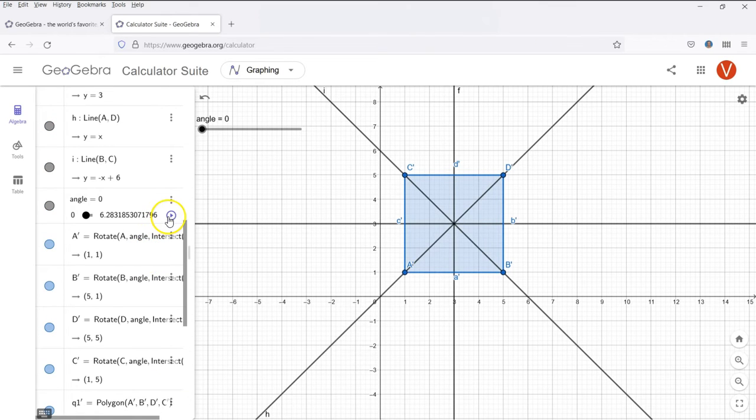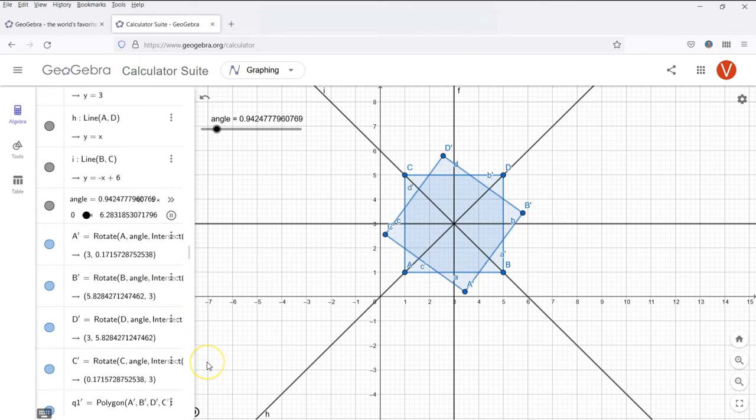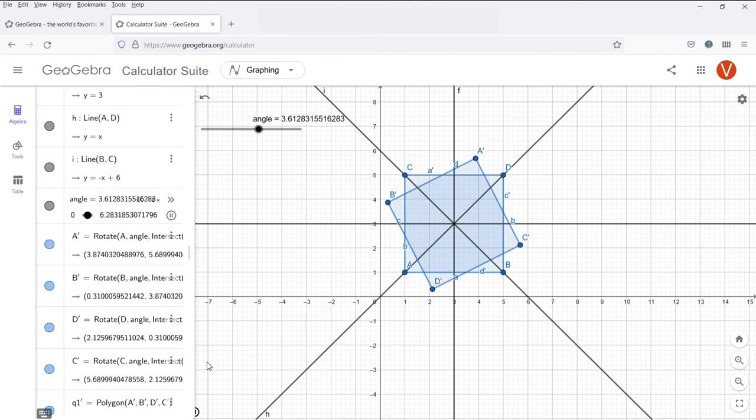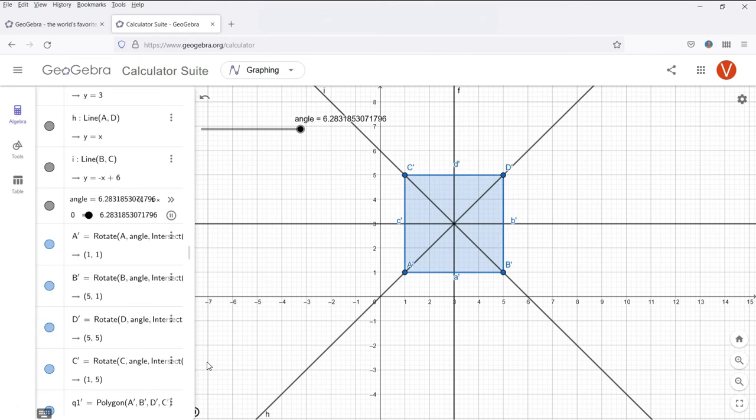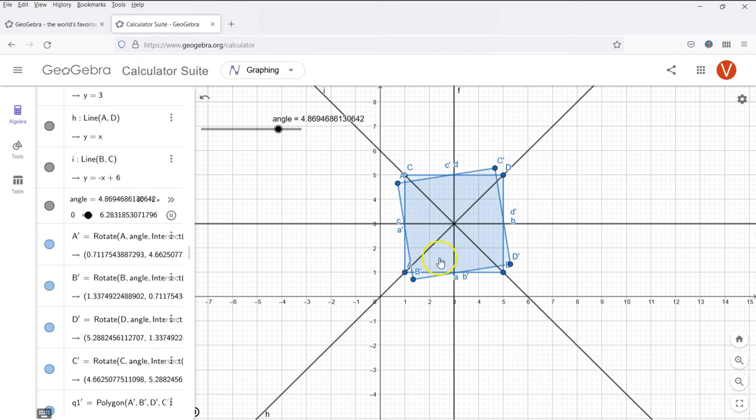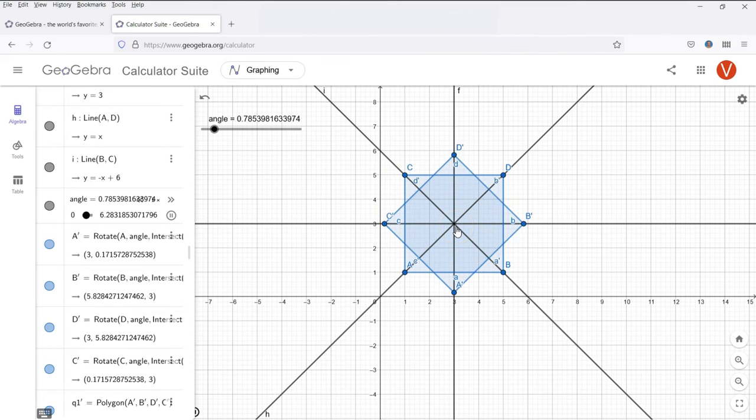Now let's see what happens if I play it. Alignment 1, alignment 2, alignment 3 and the original alignment. So basically you have alignment happening after every pi by 2 interval, right?